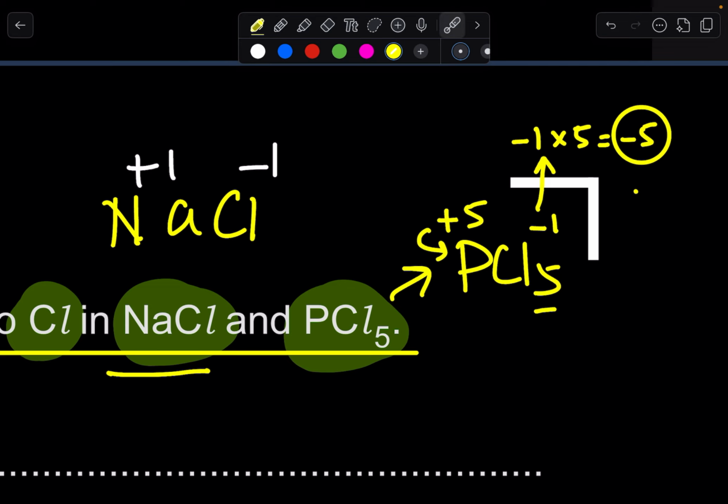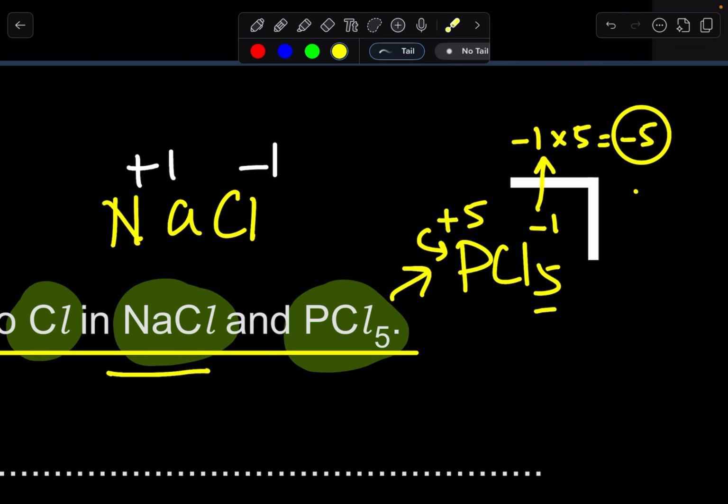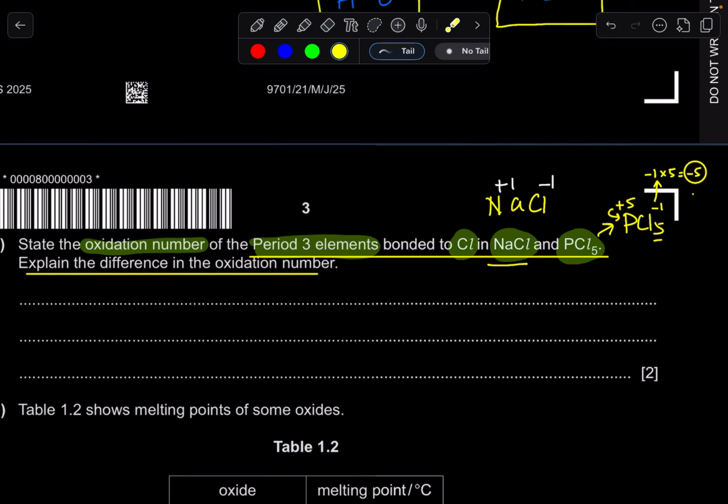So now in this PCl5, there is a positive 5 on phosphorus and a negative 1 on chlorine. So the difference is that sodium is going to form only a positive 1 and phosphorus is going to form a positive 5. And why is that going to happen?